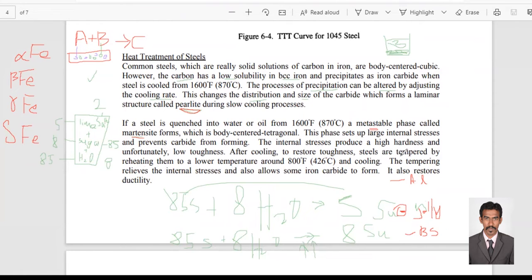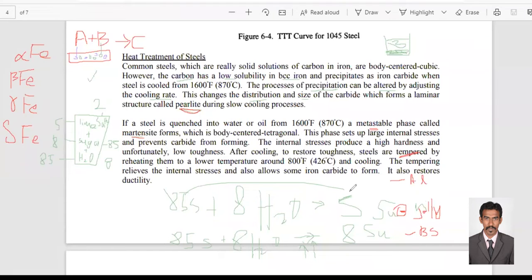Tempering is another form of heat treatment, reheating to a low temperature around 426 degrees. So you have it at a high temperature, you cool it down very fast, and then you heat it slowly to 426 degrees Celsius. The tempering relieves the internal stresses and also allows some iron carbide to form.